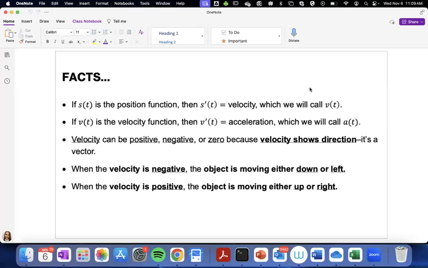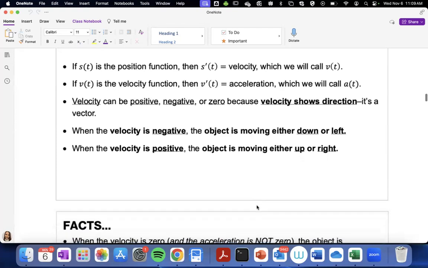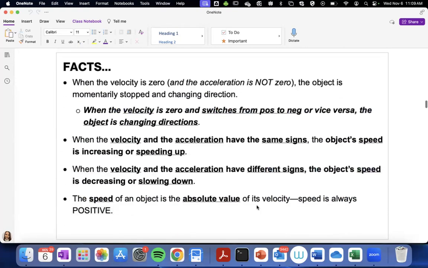And then the derivative of velocity, v prime of t, is acceleration, and we call that a of t. Isn't that cool? And velocity can be negative. It just shows direction because it's a vector. When it's negative, it's moving down or left, and when it's positive, it's moving up or right. Okay, that makes sense?